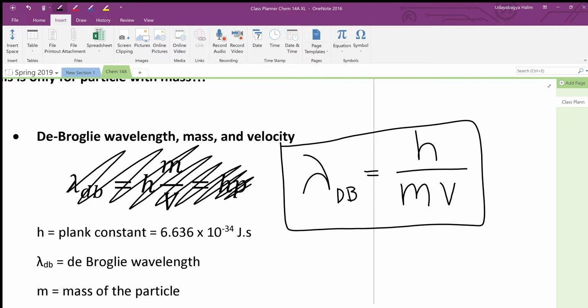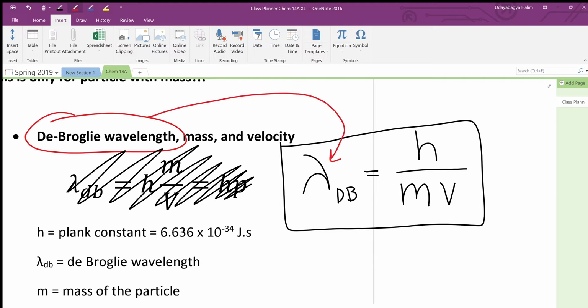My point is that we're not photons, and we have mass, and we don't move at the speed of light. So the equation that describes the wavelength of anything other than light is slightly different, actually pretty different, and it's called the de Broglie wavelength. The de Broglie wavelength is lambda dB.